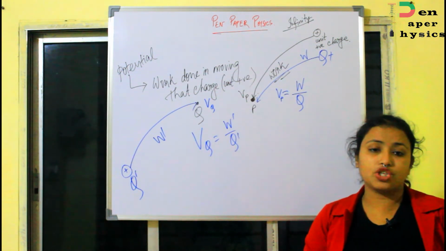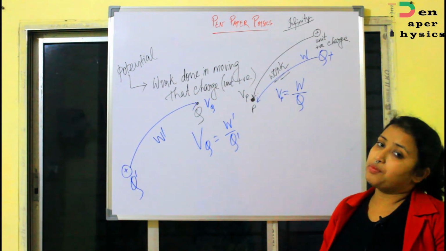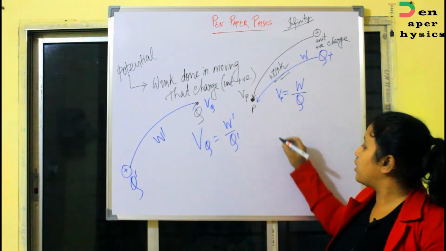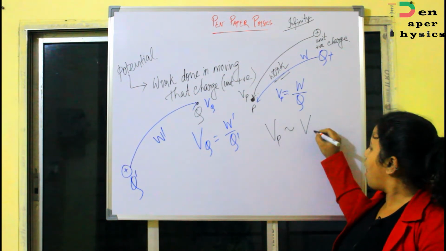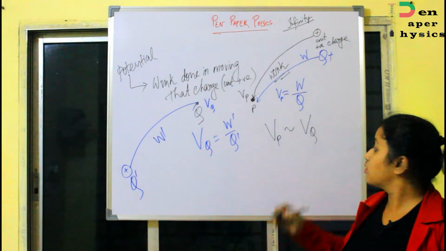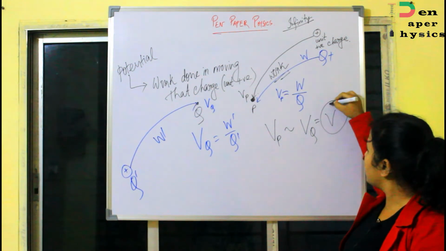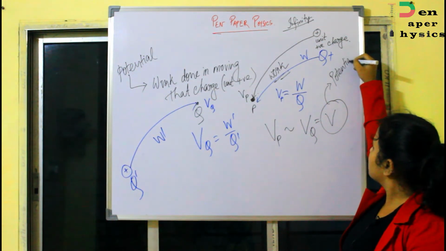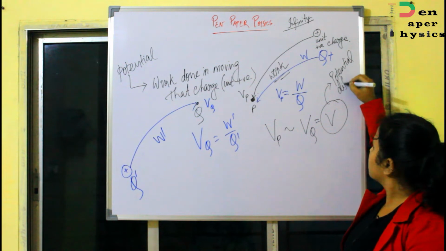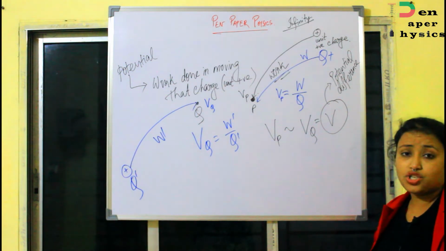So this is the potential at point Q over here. Then what will be the potential difference? The potential difference is the difference of Vp and Vq, which will be known as V, the potential difference. Clear? So this is what we have as a potential difference.